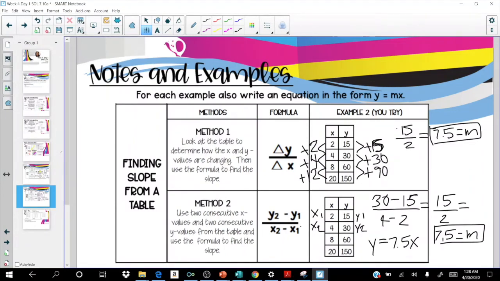And then I forgot to do that part at the top. So once again, you substitute your slope m for the value you found, which is 7.5x. All you do to write the equation is substitute your slope for m.